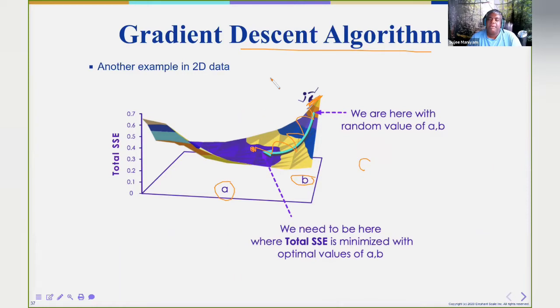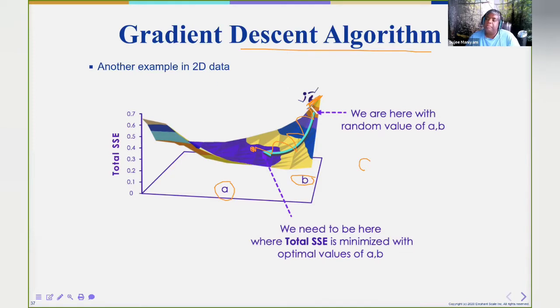So this is essentially the gradient descent algorithm. There's a lot of math behind this, as you can imagine. People have spent years getting PhDs in finding the best possible gradient descent algorithm. But the concepts are easy to understand. We get it: oh yeah, I see what's going on.